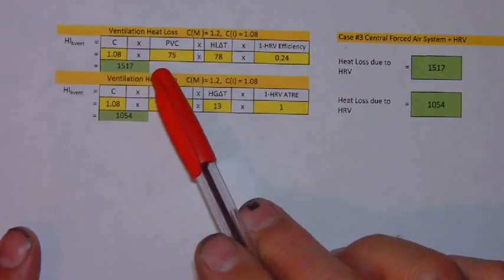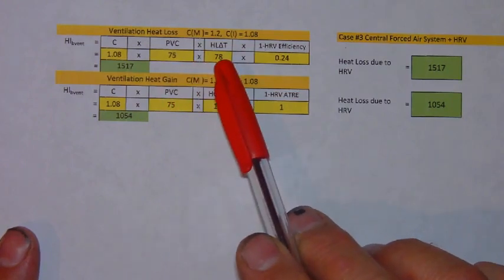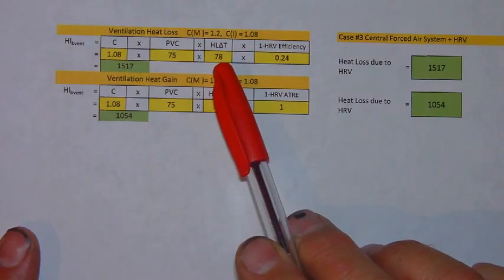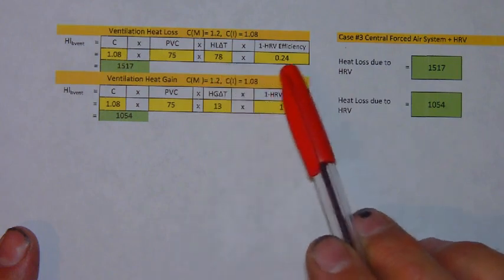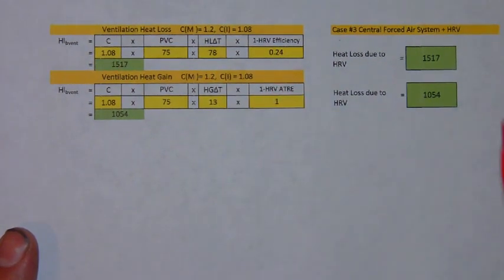Once you've determined the PVC, you would input your delta T, and then next is the HRV efficiency.